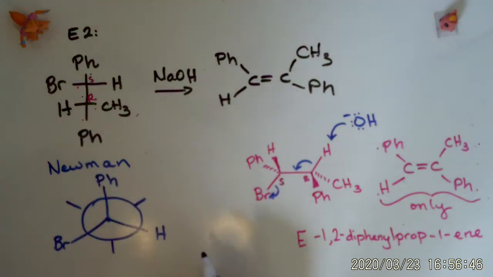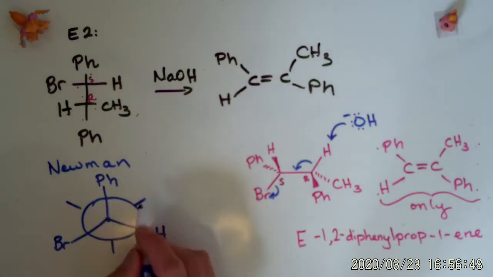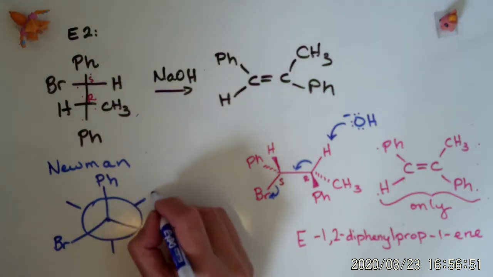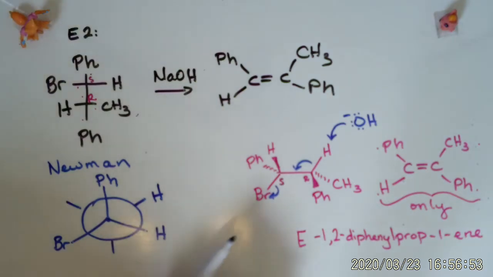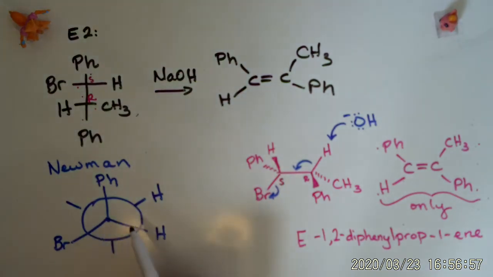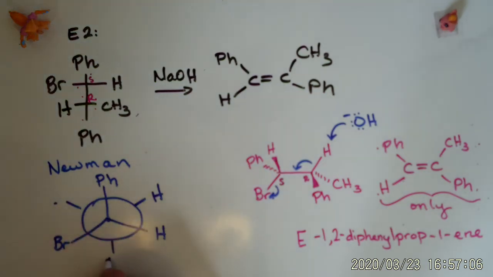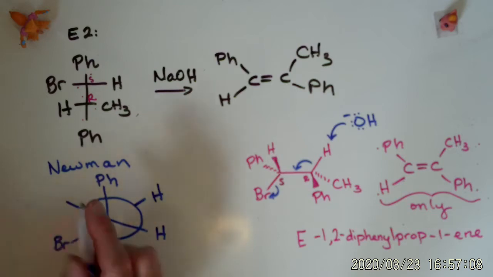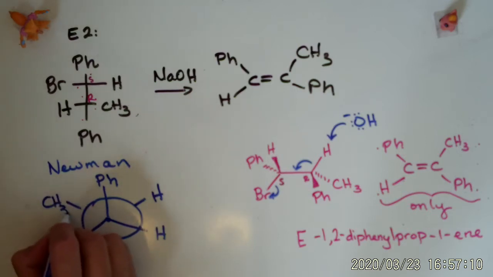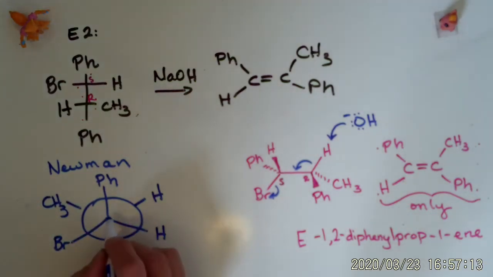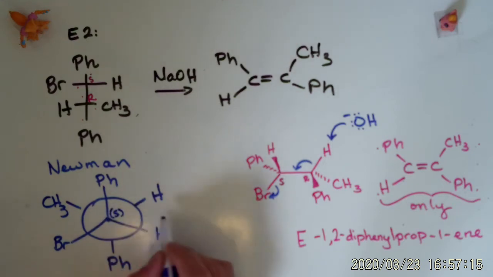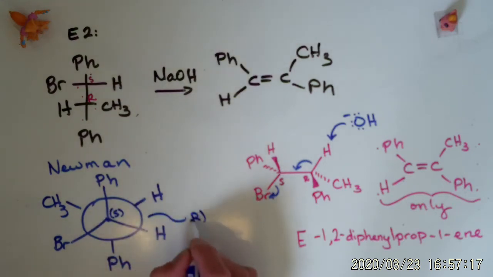Now if I'm looking at the back, let's say I want the hydrogen here. That's an S. So this is my phenyl, and this is my methyl. So the front should be an S, and the back is an R.